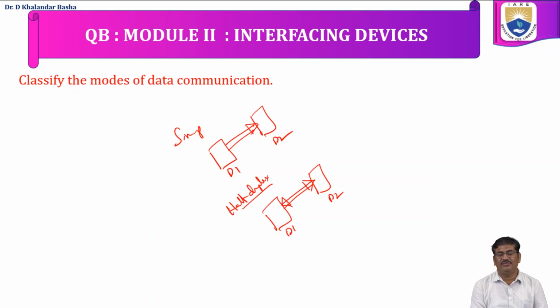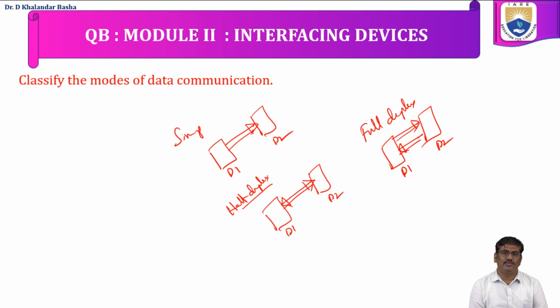As only one bus exists, data can be transmitted either from D1 to D2 or from D2 to D1 at a time, but both will not take place in parallel. The third one is full duplex, where the data transaction between device 1 and device 2 takes place simultaneously, because a separate bus is there for D1 to D2 communication and a separate bus for D2 to D1. So in full duplex, we can have data exchange in both directions.